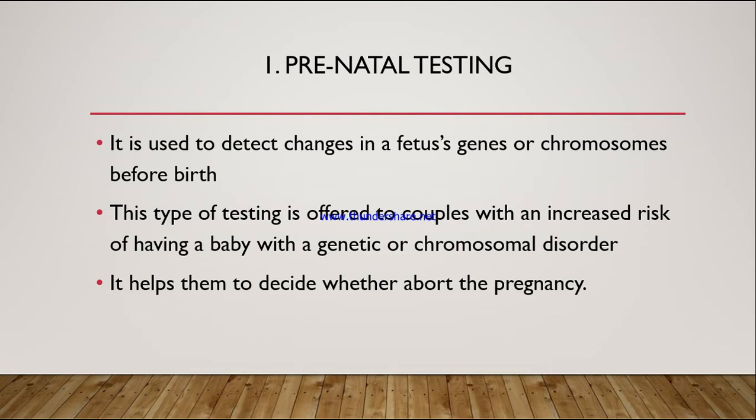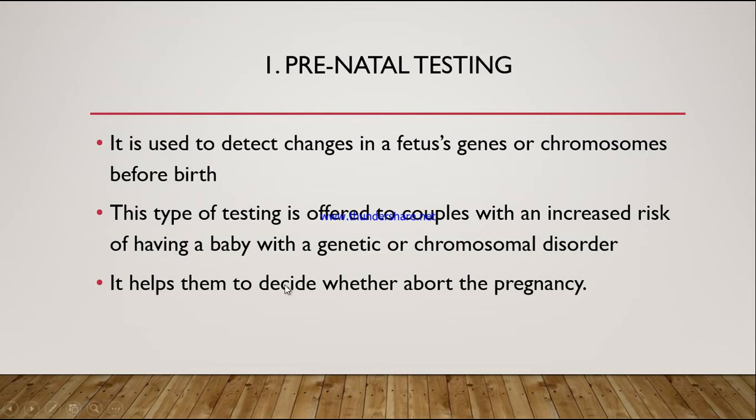This type of testing is offered to couples with an increased risk of having a baby with a genetic or chromosomal disorder. Here, consanguinity, that is couples who are related to each other, can perform this prenatal testing to check whether their babies who will be born will have normal genes or normal DNA.